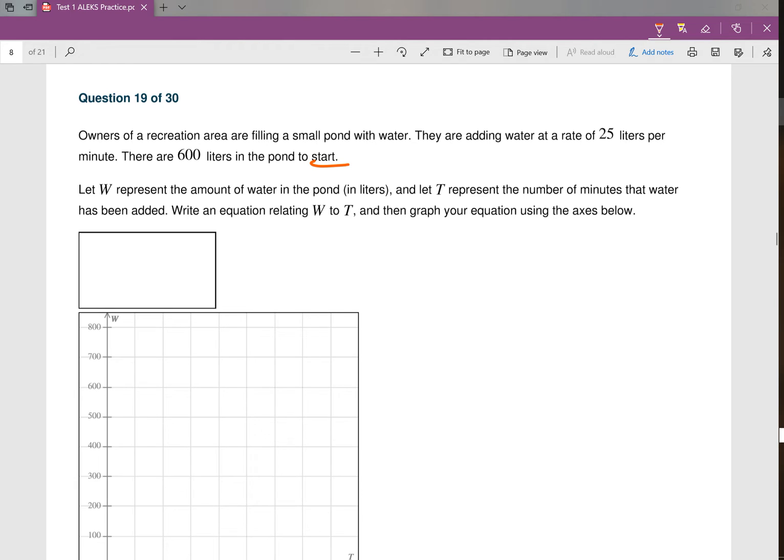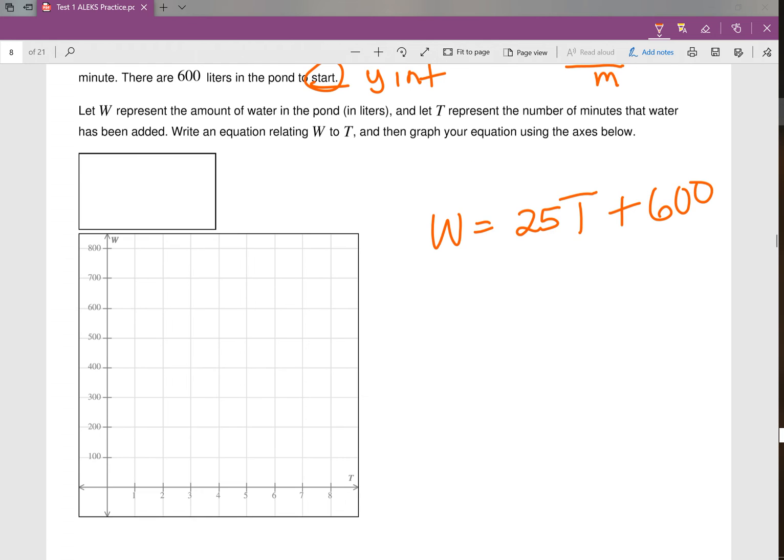Okay, so basically what we have here is the rate, so that's your slope, and that's the start, so that's your y-intercept. So W is equal to 25t plus 600. Then they want you to graph it.